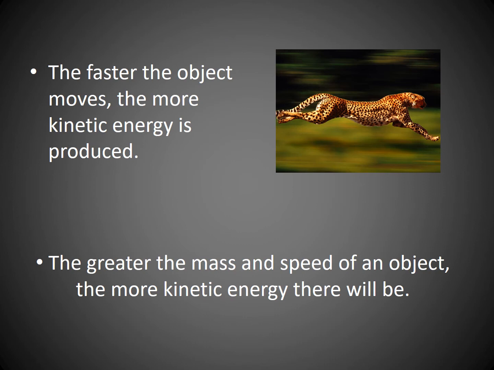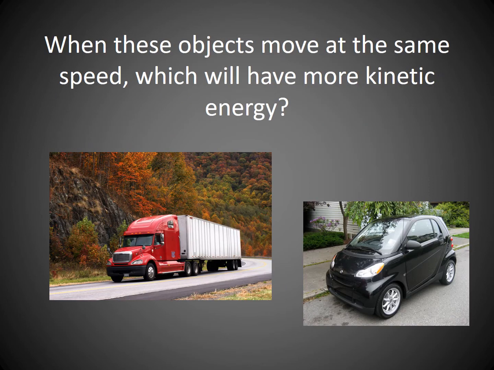So the faster the object moves, the more kinetic energy is produced. So remember, when the object's at its fastest, that's when you have the greatest kinetic energy or energy of motion. The faster it is, the greater the kinetic energy. And the greater the mass and speed of an object, so the heavier and the faster, you get more kinetic energy.